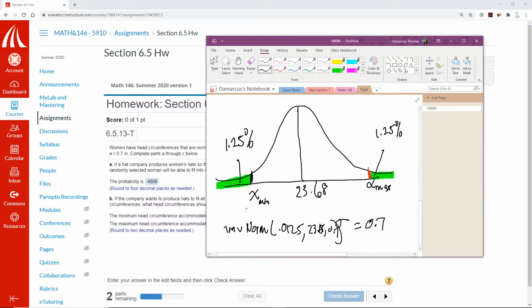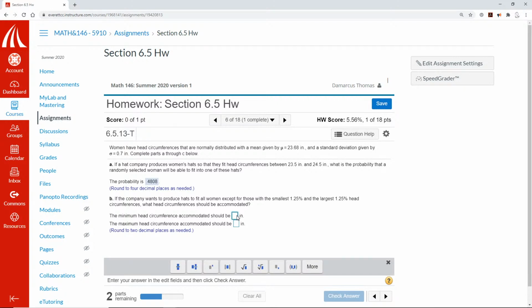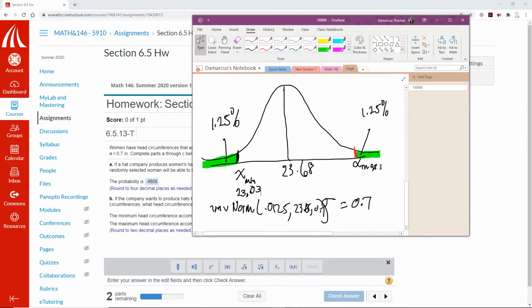So if your head is 23.03, you are in the lowest 1.25 percentile. The bottom 1.25%. Let's test that out. 23.3. And let's check the maximum. So the problem is that inverse norm only works when you have the area to the left.